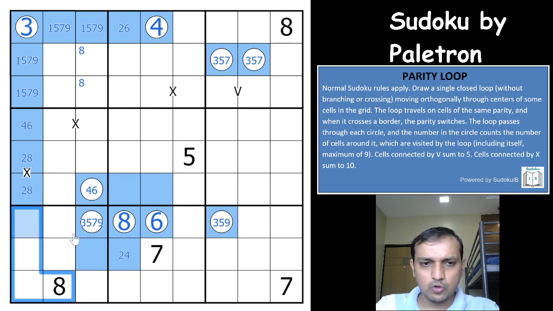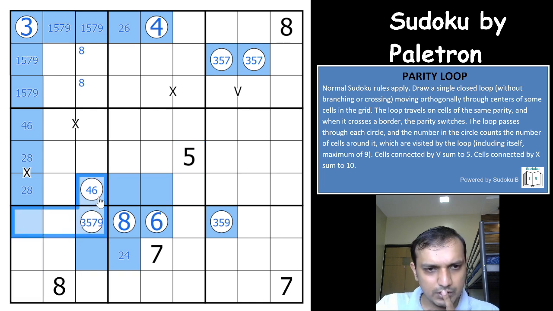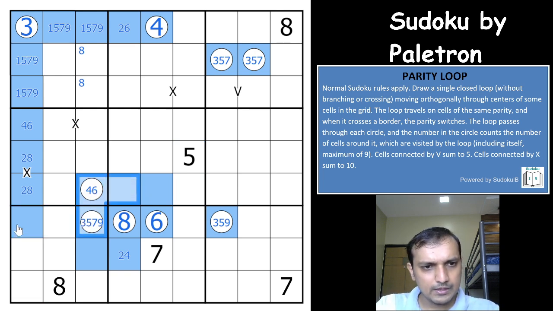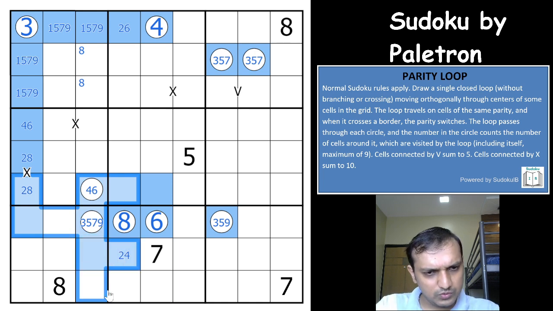Now how does the loop go? If it goes this way, it goes this way, because we know that the loop is going this way for sure. So if it goes this way, it will go this way. How would it come inside again and go outside? There is no way possible, right? It will go this way and come out.